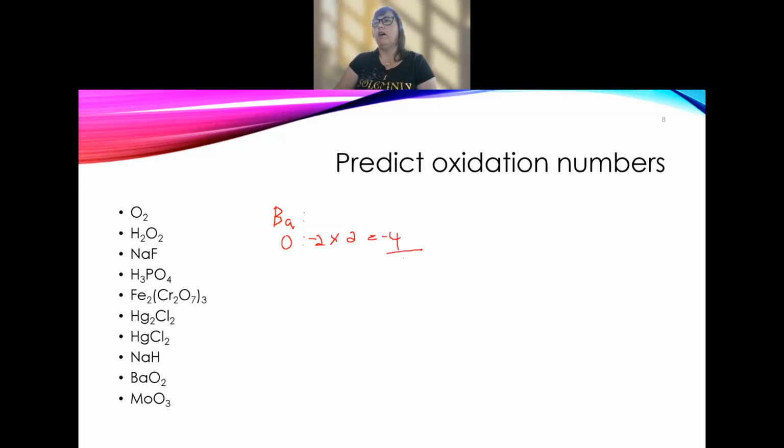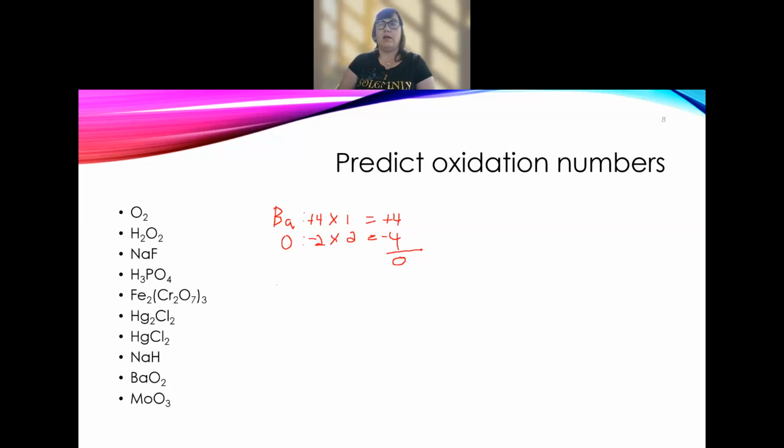Since this is a neutral compound, I have to have my 1 Ba be the entire source of that charge, and so it has to be +4. Okay, so the oxidation number for Ba is +4, and the oxygen is -2.